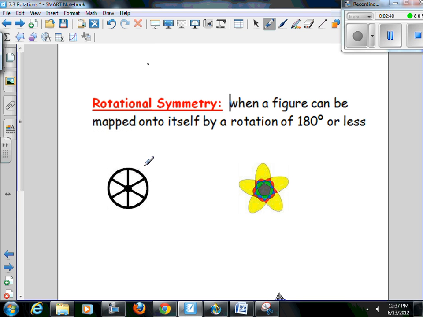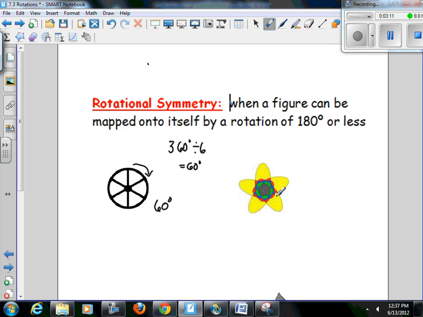So if you took 360 degrees and divided it by the 6 identical sections, that would give you 60 degrees. If you rotated this 60 degrees, you'd still have the same picture back again. So in this case, this has rotational symmetry of 60 degrees.